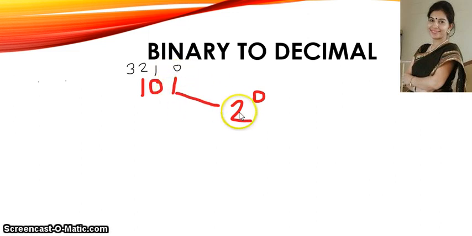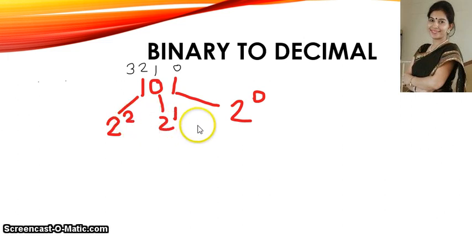For the ones place digit, the place value will be 2, that is the base number, raised to the power 0. Then for this number, the place value will be 2 raised to the power 1. For this number, the place value will be 2 raised to the power 2.